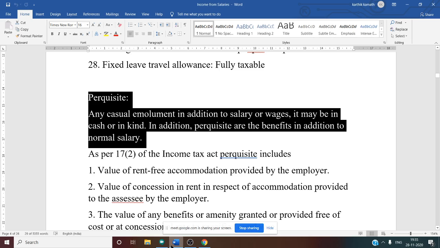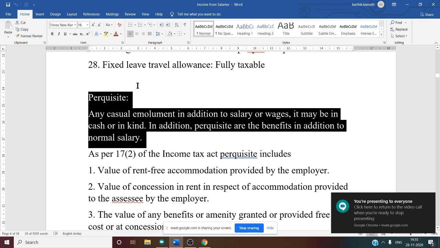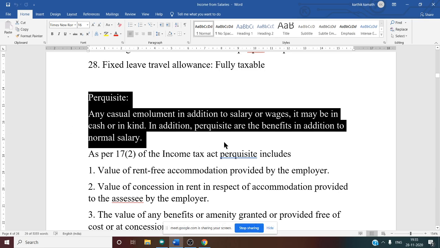Then there is deduction under ATC, which is also an 8-mark problem. Then income from salary, a 16-mark problem, is asked in Section C. So Chapter 4, income from salary, is very important from the point of view of examination. Almost half of the marks you can score if you know this chapter.